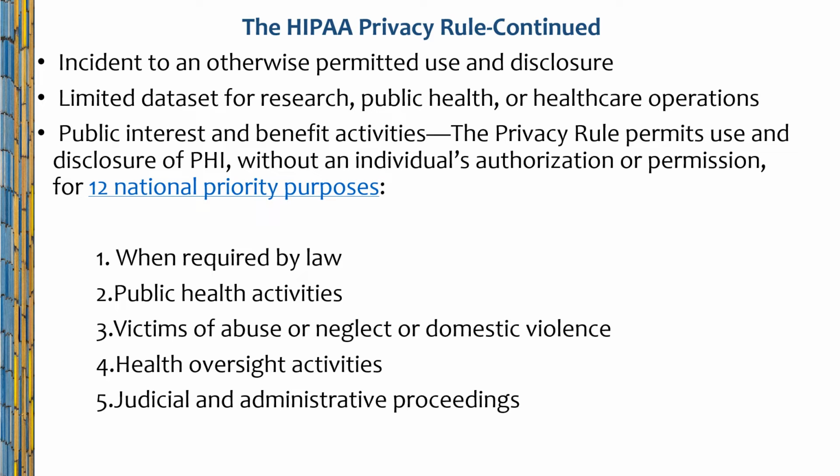The Privacy Rule permits use and disclosure of PHI without an individual's authorization or permission for 12 national priority purposes. When required by law, public health activities, victims of abuse or neglect or domestic violence, health oversight activities, judicial and administrative proceedings.